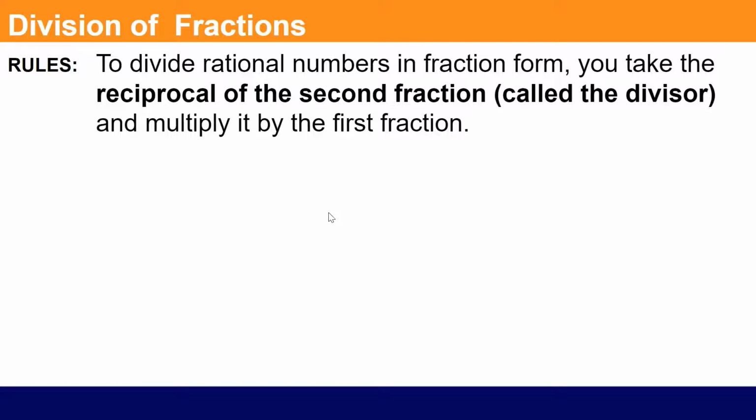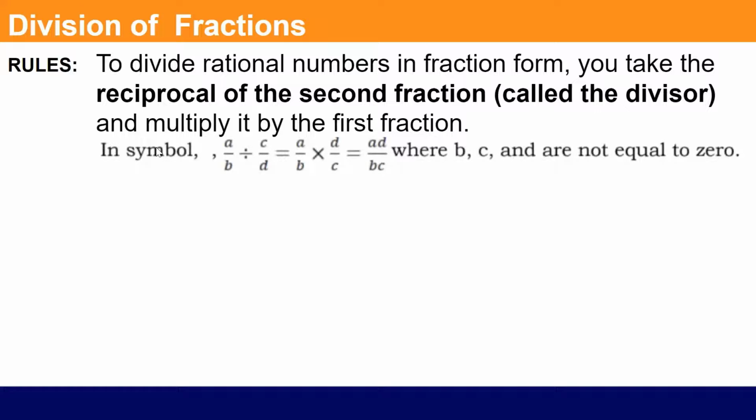So, babalik ka sa multiplication. So, in symbol, we have A over B divided by C over D equals A over B times D over C equals AD all over BC. Okay? So, kung nakikita po natin, yung C over D, get the reciprocal, it becomes D over C, and then, nag-multiply na.